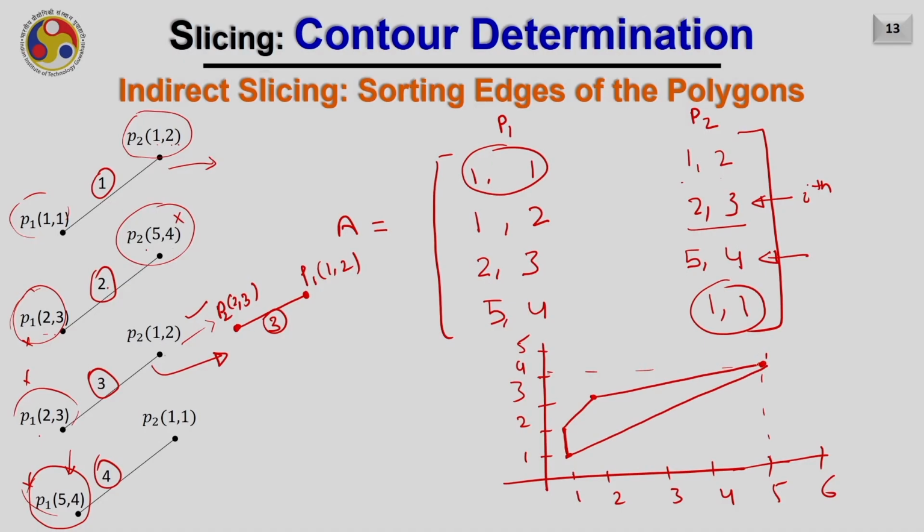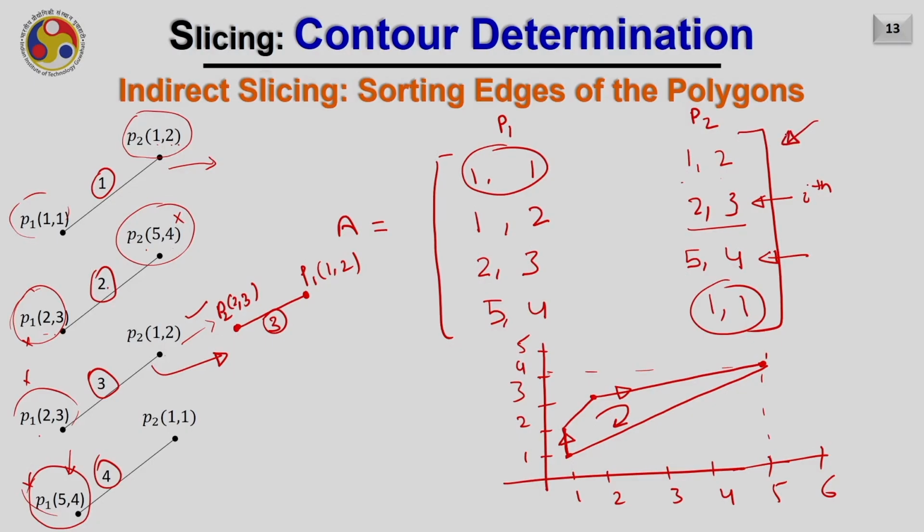Hence, this is your closed loop contour, and you have sorted it in such a way that you are moving on the contour in a clockwise manner. If you want to reverse the direction, you just need to play with the matrix, and hence you can reverse the direction of the points and make it counterclockwise.